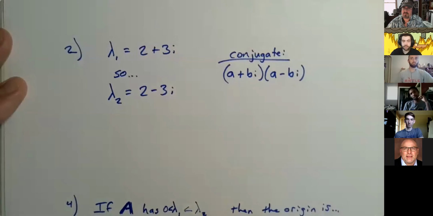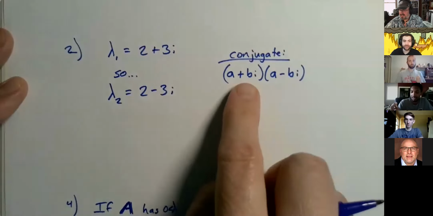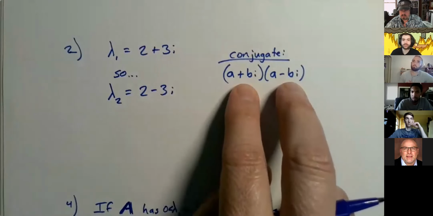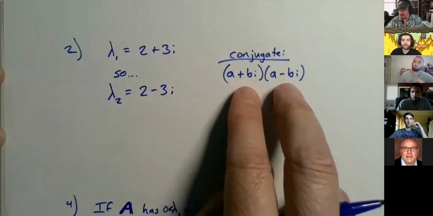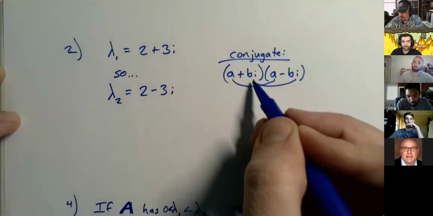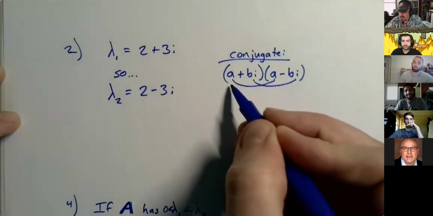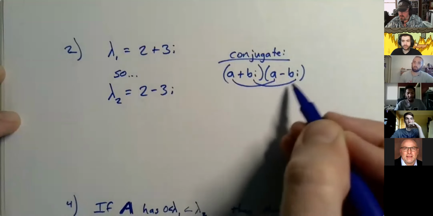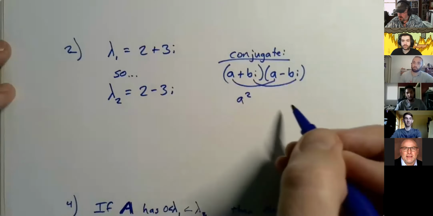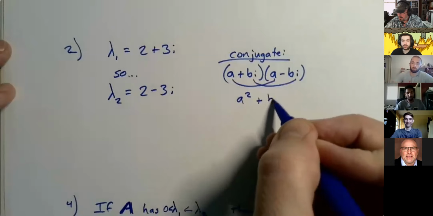I had some of you for pre-calculus, I know you know this. It gets rid of the i's, right? So you take two different complex numbers that are conjugates and multiply them together, and those middle terms, the a times bi and a times minus bi, go away, and you're left with a squared plus b squared.